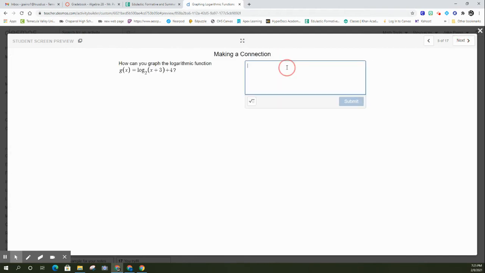We can take the exponential graph, which is the inverse, and reflect it over the line y equals x.